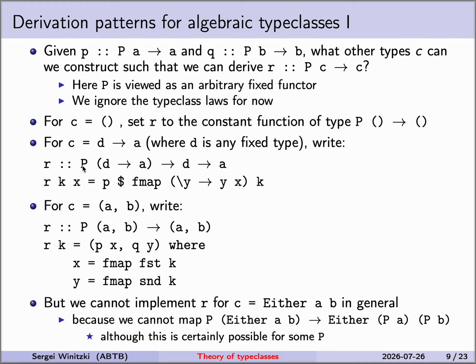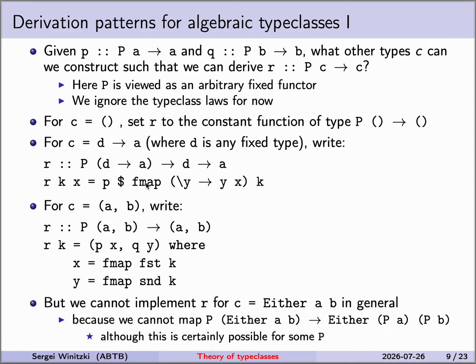And to do that, we just need to construct a function of this type. And this can be implemented because you take D, you have a function P A to A, you take this value, you do an fmap on this value, substituting D into the argument of the function here, and then you get a value of type P A, and then you map it to A using the given function P. So that is how you implement it.